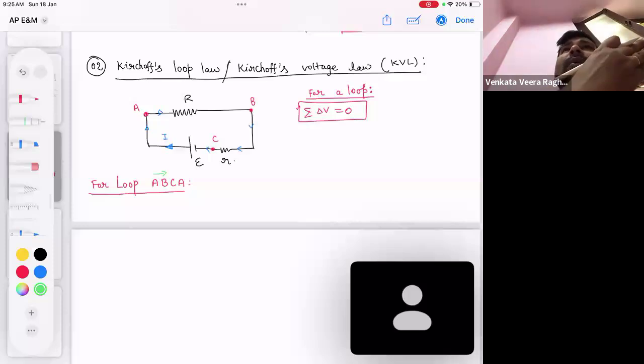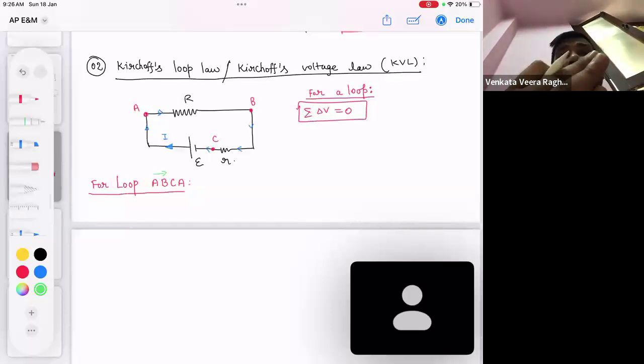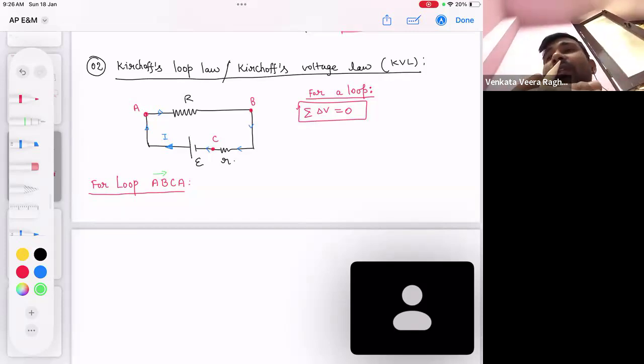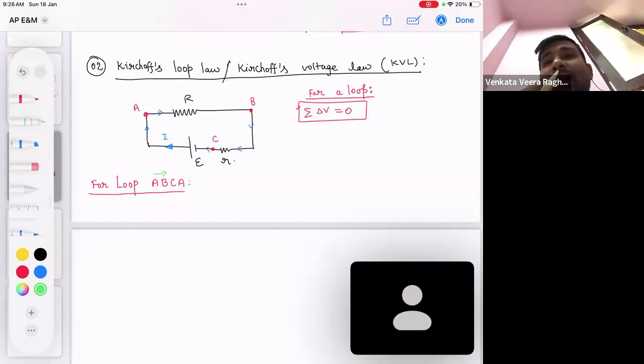So if we go in the direction of current, always look at what you are crossing. Are you crossing a resistor? Are you crossing a capacitor? Are you crossing an inductor? Or are you crossing a battery? Okay. So if it is a resistor which you are crossing, then what happened?